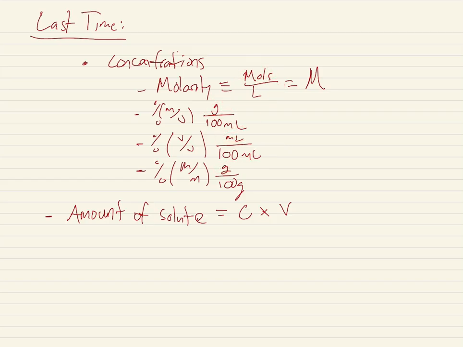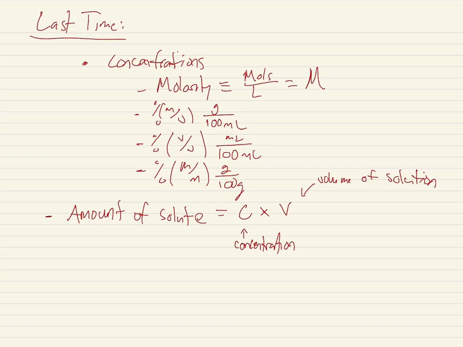So if we multiply any of these, for example, molarity times a liter, liters cancel out, and we're just left with moles, right? So that will always give us the amount of solute. C being our concentration value, and V being the volume of the solution. So that's how we define these. This is the concentration, and this is the volume of solution. All right, so that was one way we could use our concentration values.